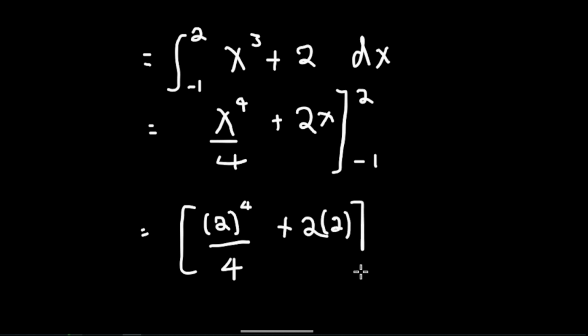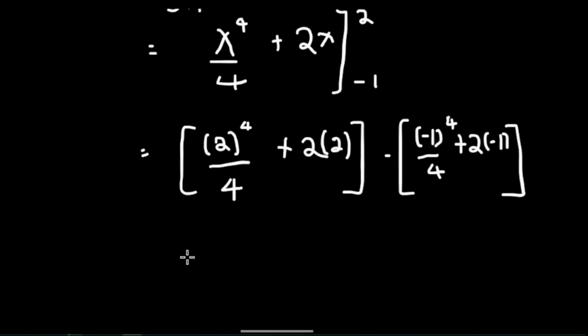And then with this, we're going to be subtracting when we have our -1 raised to the power 4 over 4, plus 2 multiplying -1.